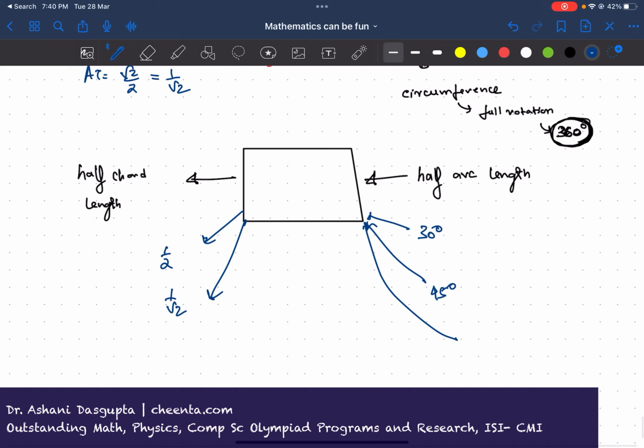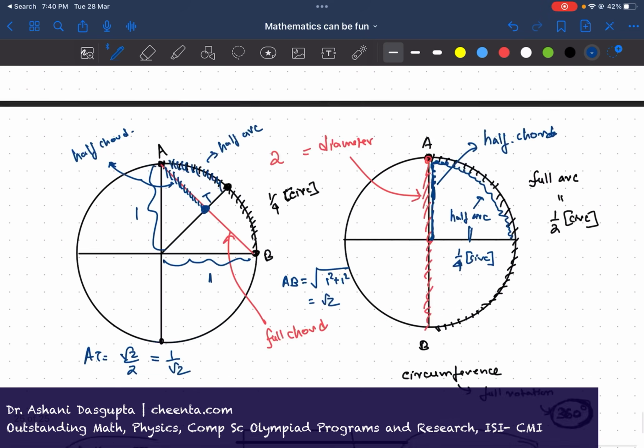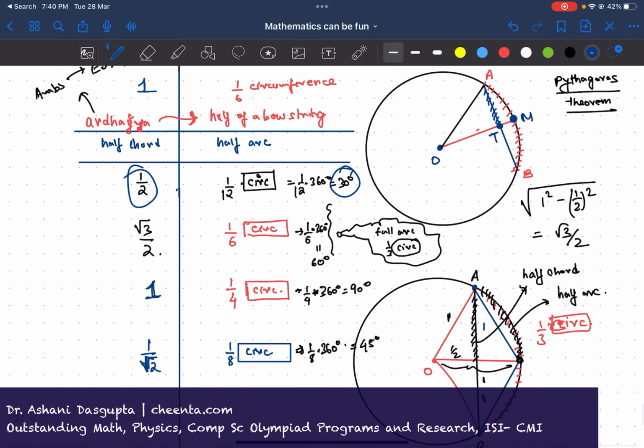When you input 60 degrees, you get root 3 by 2. And when you input 90 degrees, you get 1. These are some of the values of the infinite table that is supposed to contain all the half arcs and all the half chords.